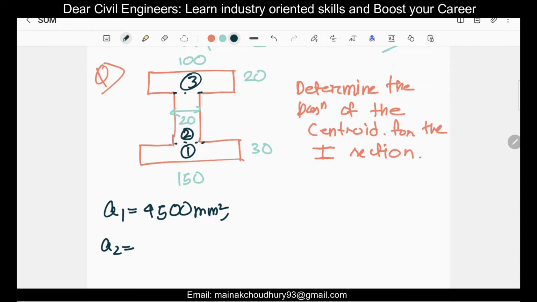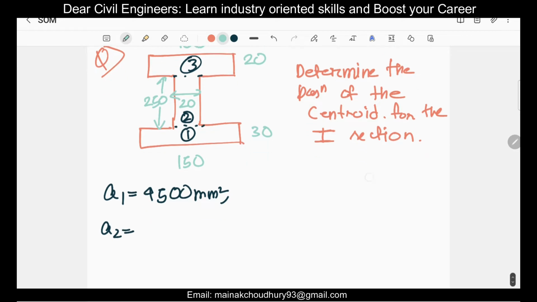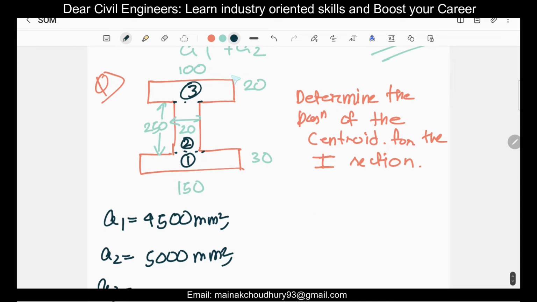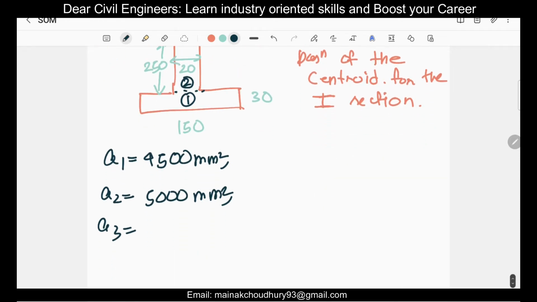So A2 is equal to 250 into 20, and it will be 5000 mm square. And A3 is equal to 100 into 20, so it will be 2000 mm square.